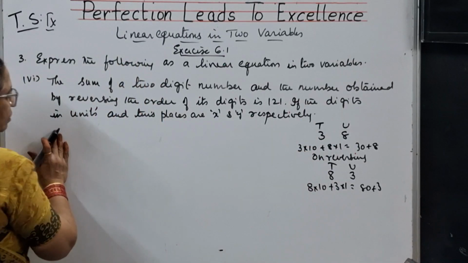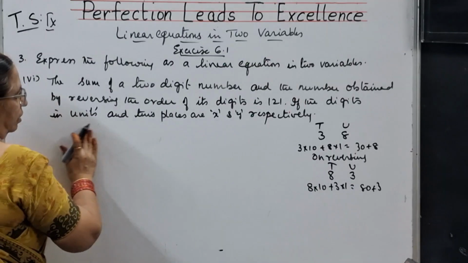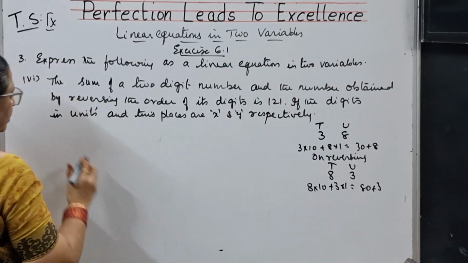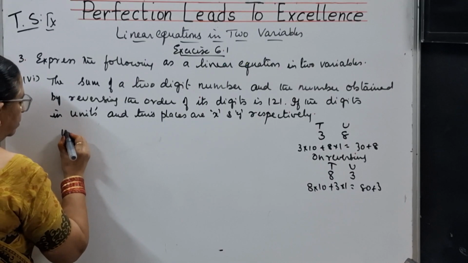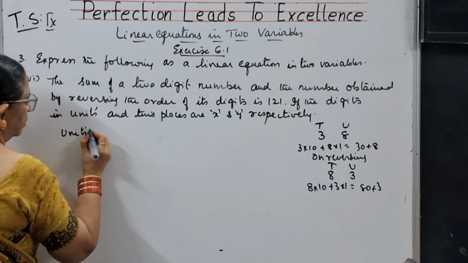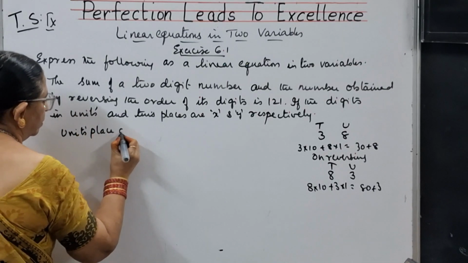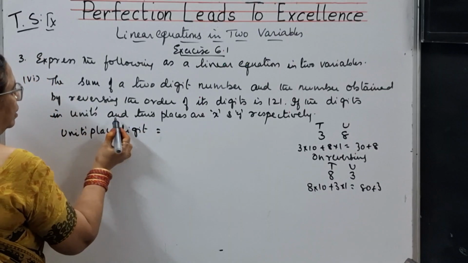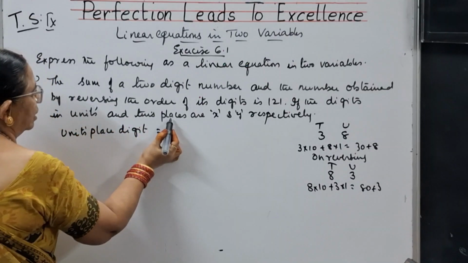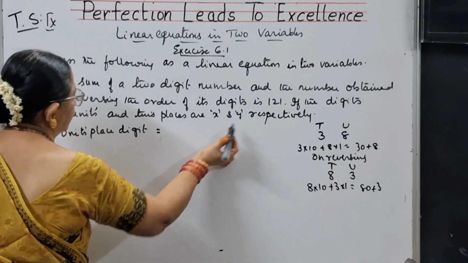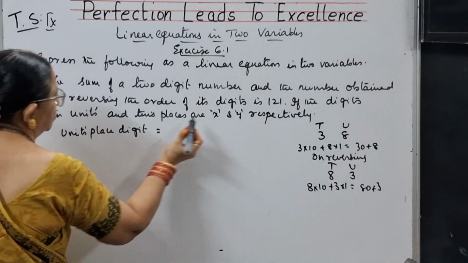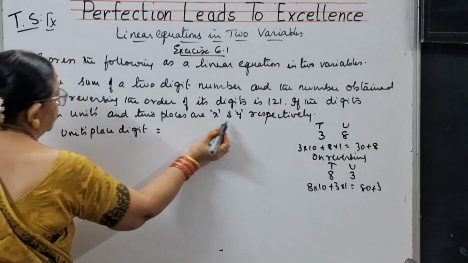So what does the problem say? The digits in units and tens places are x and y respectively. Respectively means units digit becomes x, tens digit becomes y.